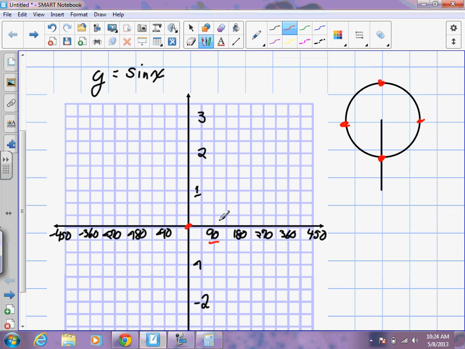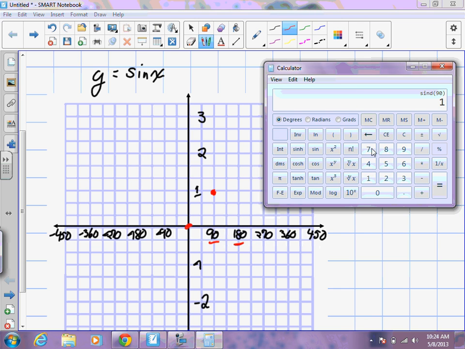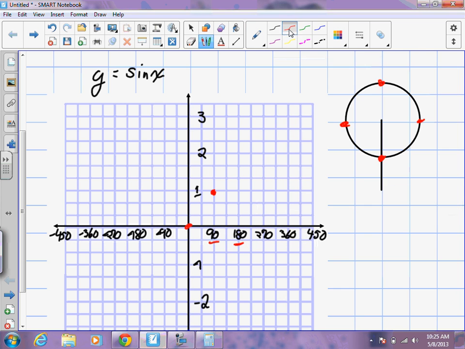Okay. So this is very important for you guys to know. These are going to be the major points that we need to know for sine. 180. We're going to try 180. So when we have 180 degrees, sine is equal to 0 again. Okay? So when I plug 180 in for x, my y value is 0.